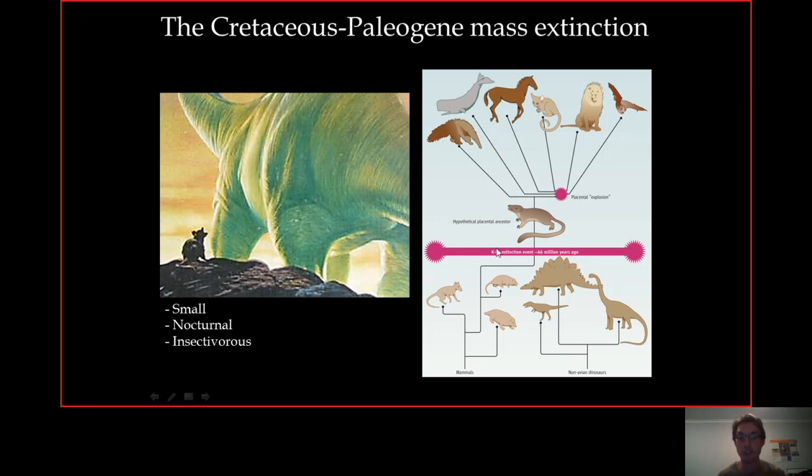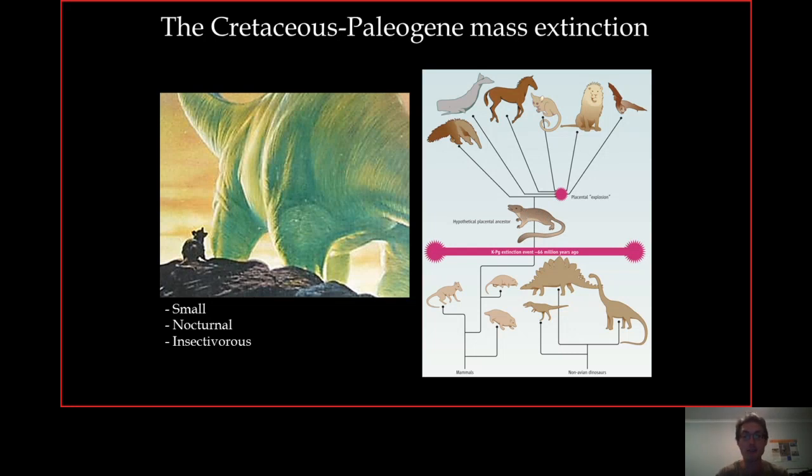So this is the Cretaceous, this is the Cenozoic, and from the beginning of the Cenozoic, mammals will diversify into all those different forms: carnivorous, herbivorous, flying, swimming, arboreal, anteaters, all of that. So this all started with this shrew-like type of mammal.